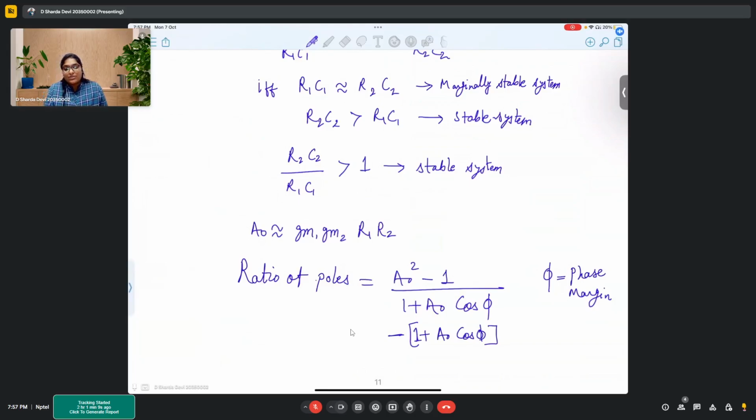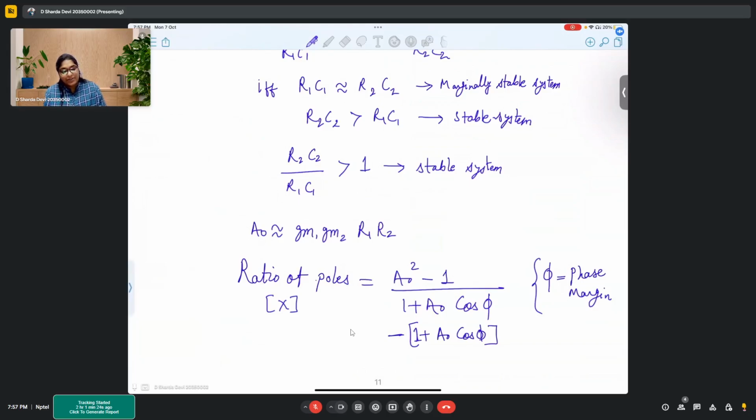So this particular expression to find the ratio of poles has been discussed in the lecture. This is the formula I have put from the lecture. You can go through it in detail.